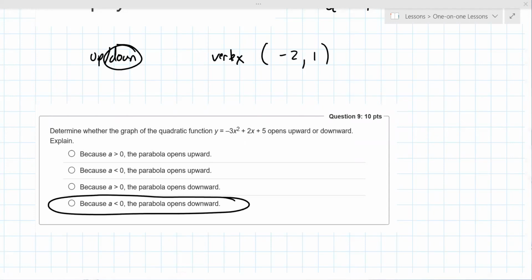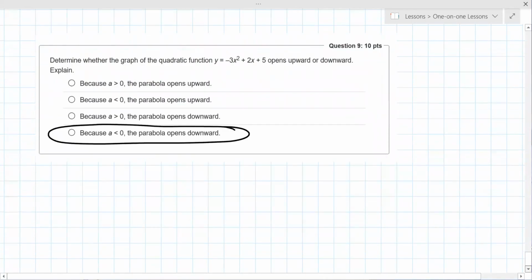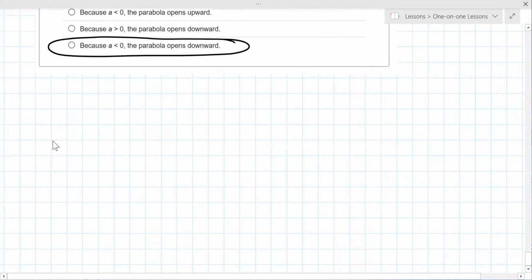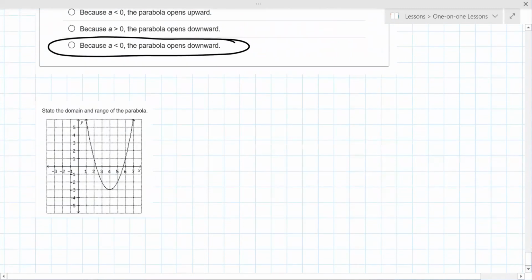This one asks for the domain and range. If you look at your notes, do you remember seeing anything about domain and range in your notes?